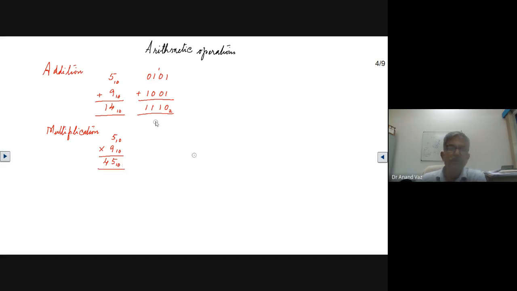Now if we represent 5 in the binary domain, it is 0, 1, 0, 1. 9 is 1, 0, 0, 1, and we perform this multiplication. So you get 1 into 1 is 1, 1 into 0 is 0, 1 into 1 is 1, 1 into 0 is 0. So you see, whenever you multiply by 1, you are just reproducing this upper pattern over here.